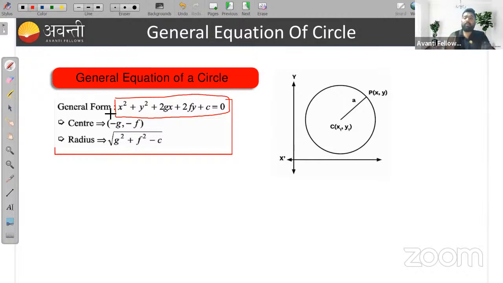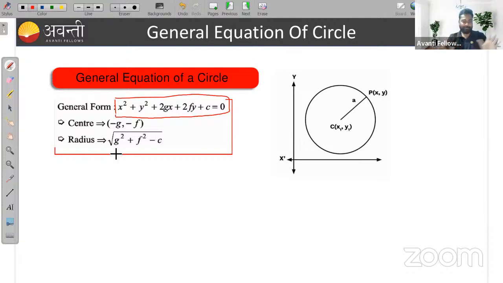Just remember the general equation of circle is x square plus y square plus 2gx plus 2fy plus c is equal to 0, where the center is (minus g, minus f) and the radius is under root of g square plus f square minus c. Is it clear? Is it fine? Let me know in the chat box, everyone.